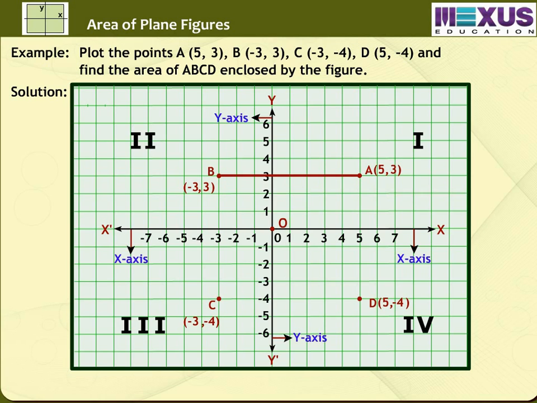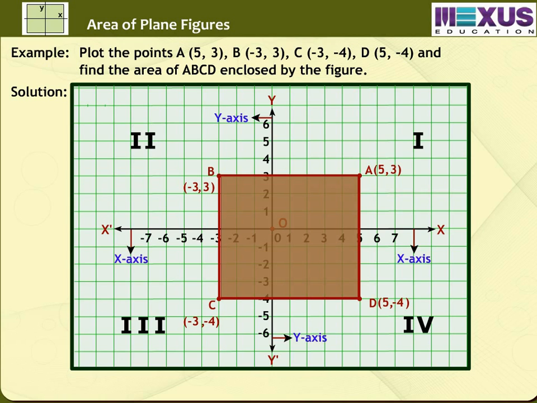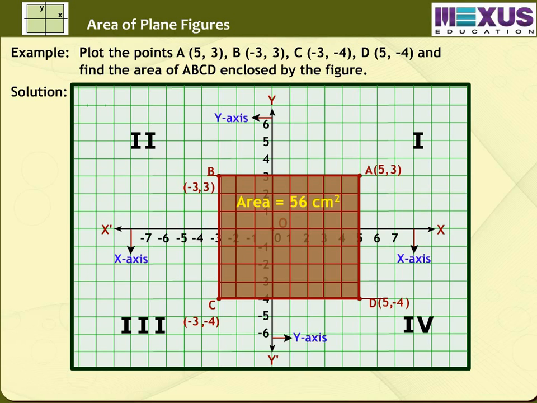Join the points A and B, B and C, C and D, and D and A. So we get a closed figure ABCD. Clearly, it is a rectangle. Count the number of unit squares enclosed between the four sides. We can see that there are altogether 56 unit squares. Hence, the area of the rectangle ABCD is 56 centimeters square.